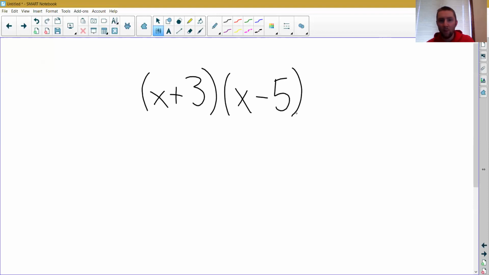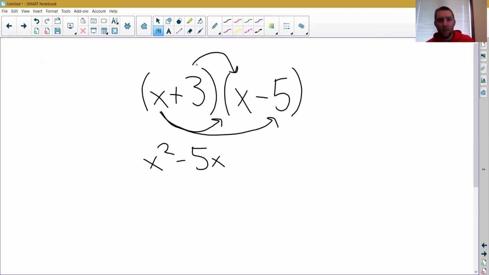Where we have two binomials and we multiply them together by multiplying the x to both of the pieces in the other set of parentheses. I get x squared minus 5x, and then multiply the 3 to both of these pieces, and I get plus 3x minus 15.